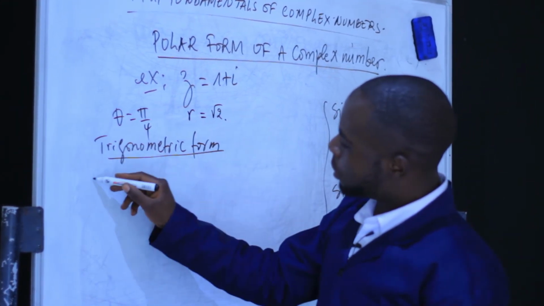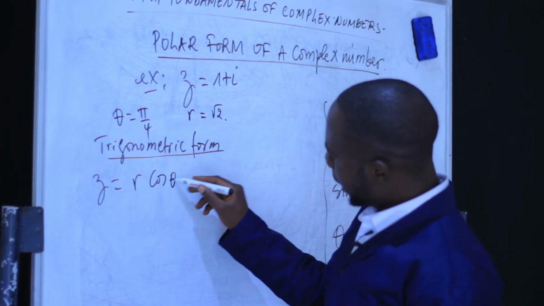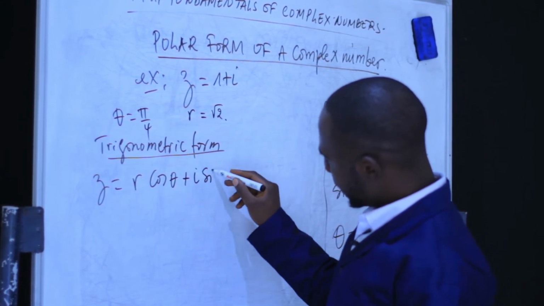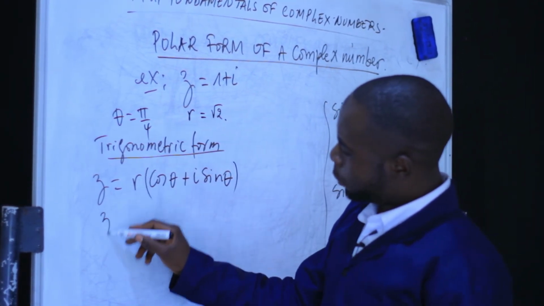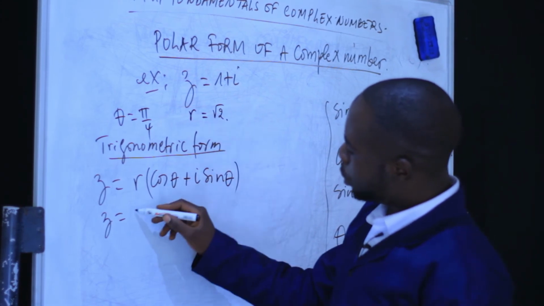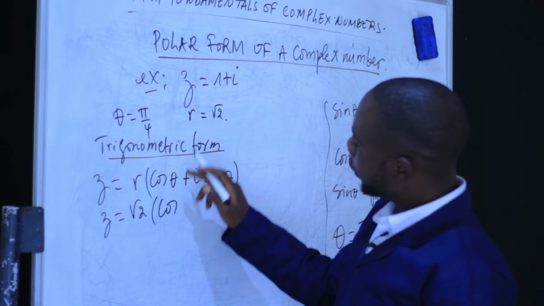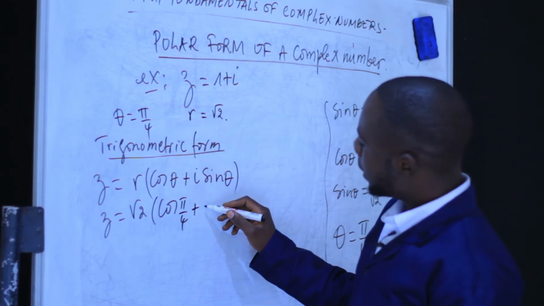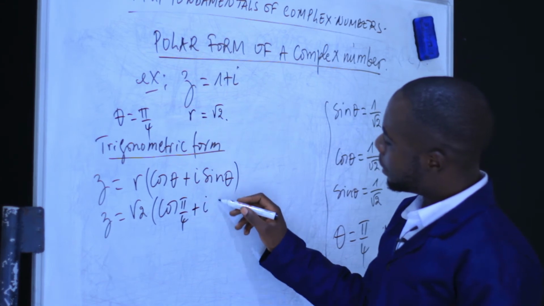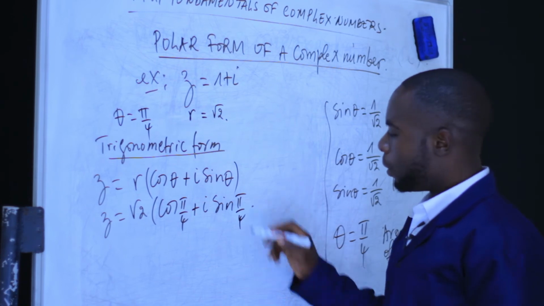It will be z equals r times cosine theta plus i sine theta. Then z will be equal to r, which is the square root of 2, times cosine of the argument pi over 4 plus i sine pi over 4.